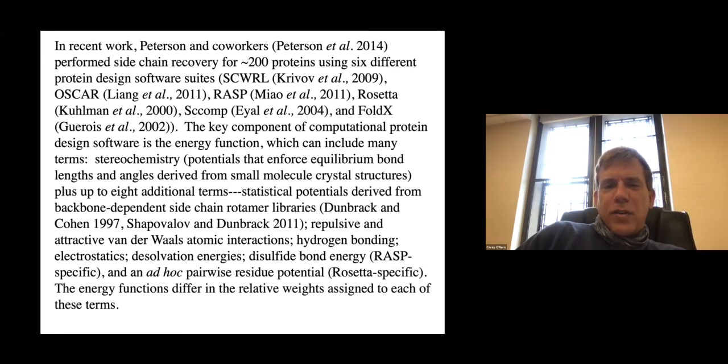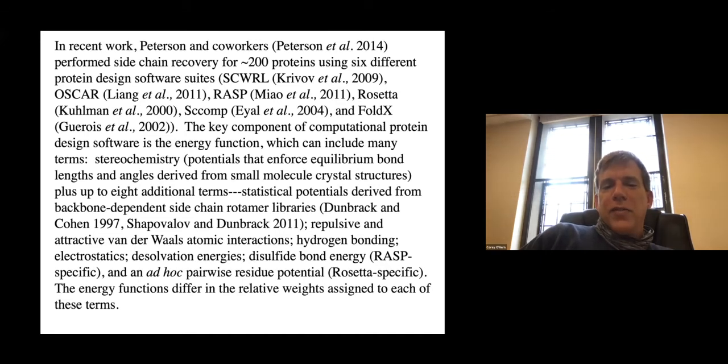The key component of computational protein design software is the energy function, and it includes many terms. This is the approach of a lot of the community, they'll include a lot of terms in their energy function. So it's stereochemistry, which I agree is very important. So it's potentials that enforce bond lengths and bond angles.